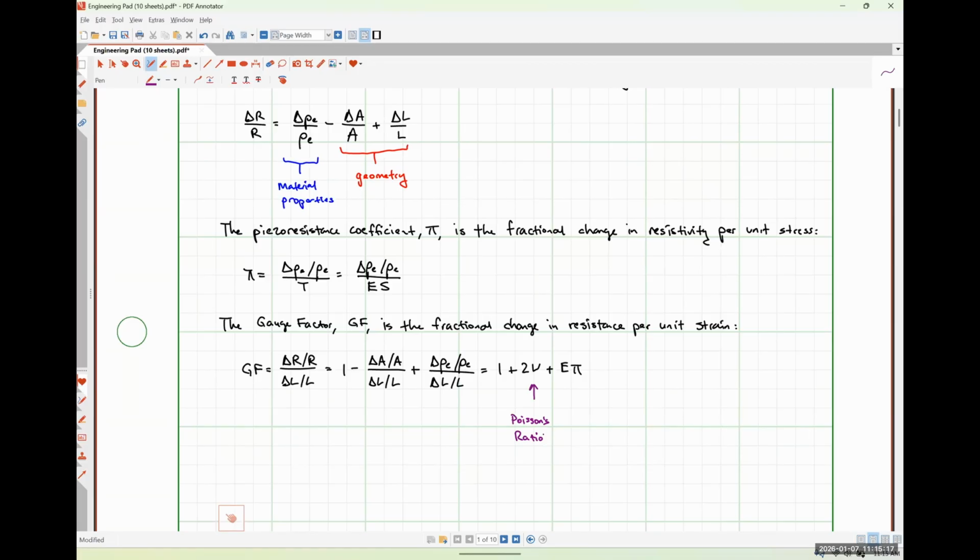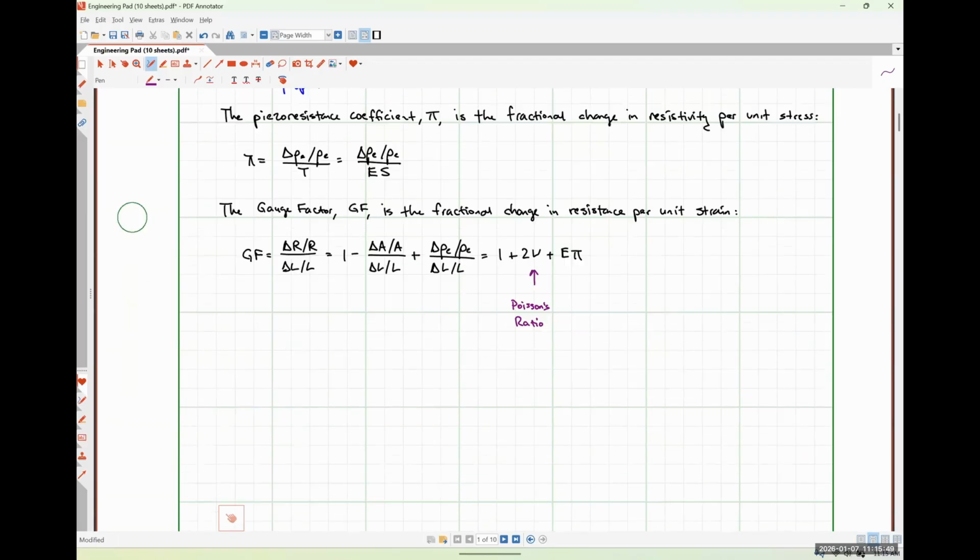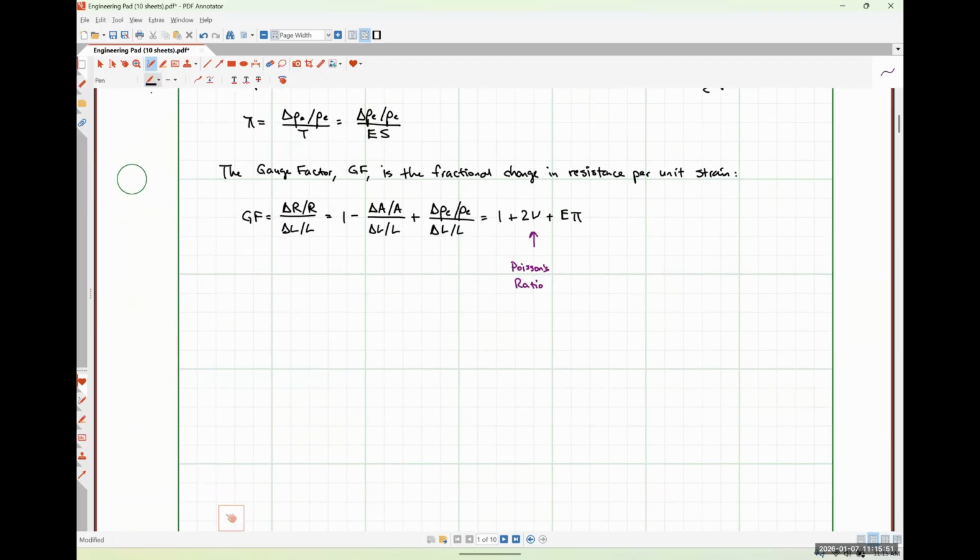And the Young's modulus times piezoresistive coefficient term, E pi, is due to the changes in the material properties. Since Poisson's ratio is relatively low for almost all materials, somewhere between 0 and 0.5, the effects of the geometric changes on the gauge factor usually range from 1 to 2. And any gauge factor that's larger than this means that the change in resistance is primarily due to the material properties. Let me write all that out.